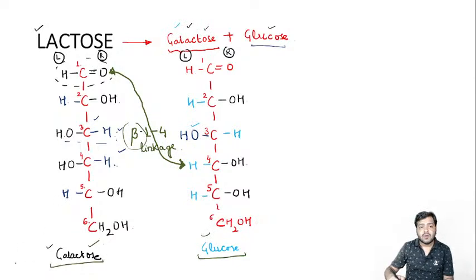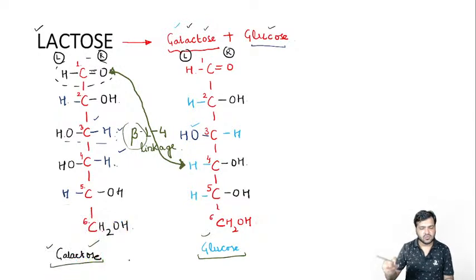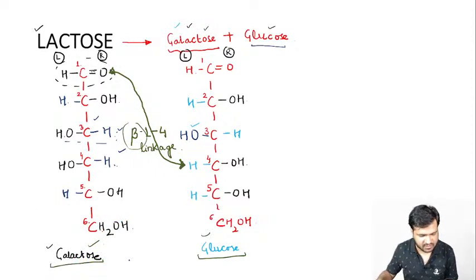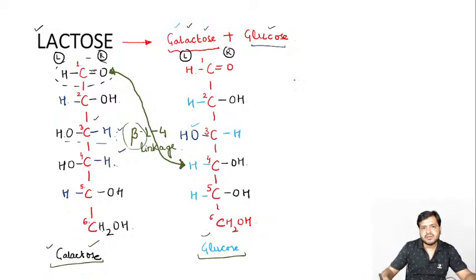Secondly, now can anyone tell me whether it is a reducing sugar or a non-reducing sugar? Anyone in the chat box, would you like to tell me whether it is a reducing sugar or a non-reducing sugar, and why? So remember, it is the beta 1,4 linkage.